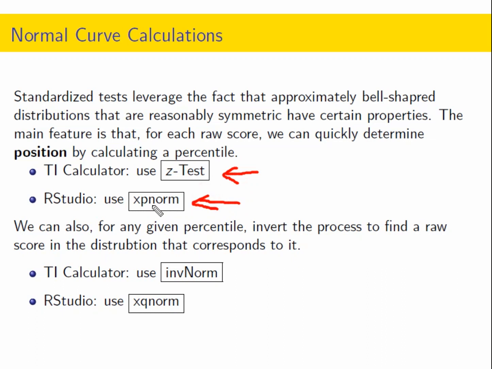The RStudio version is just pnorm, and then XPnorm is like extras. It's like the pnorm normal probability calculator that'll calculate these p-values with some extras, and that's the one we're going to use. And we can do the reverse process on the TI calculator with inverse norm, and in RStudio with XQnorm. So pnorm and qnorm are the 2 formulas that we want to take a look at.